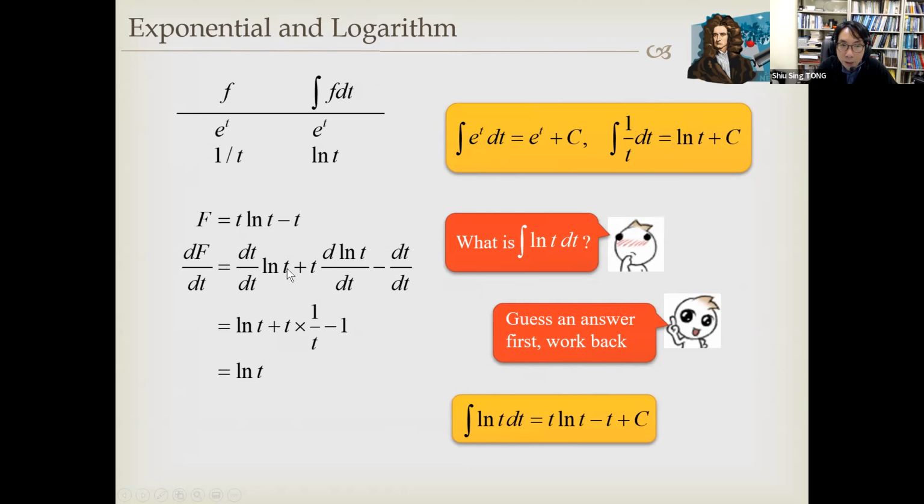So 1 times log t plus the t is kept unchanged, and I differentiate log t, I get 1 over t. And this 1 over t cancels with the t. For the last term, I only get 1. So the last two terms cancel, and eventually I get log t. So that means integrating log t is t log t minus t. But that is not a way of doing mathematics because I already know the answer. I only check the answer.